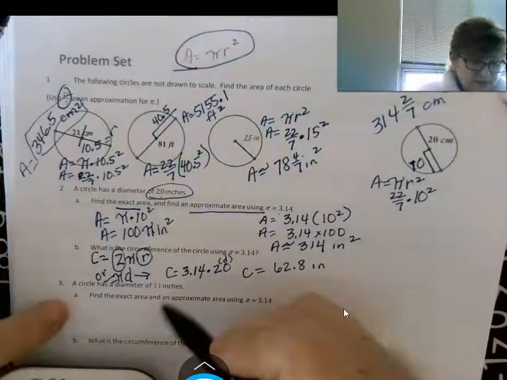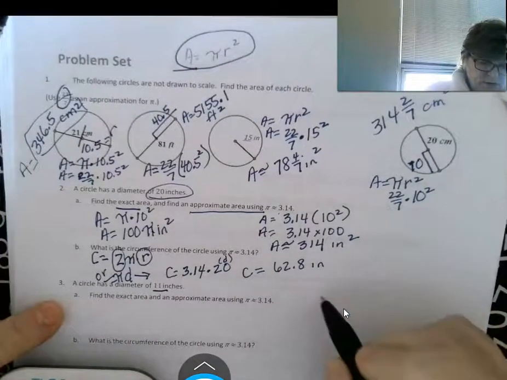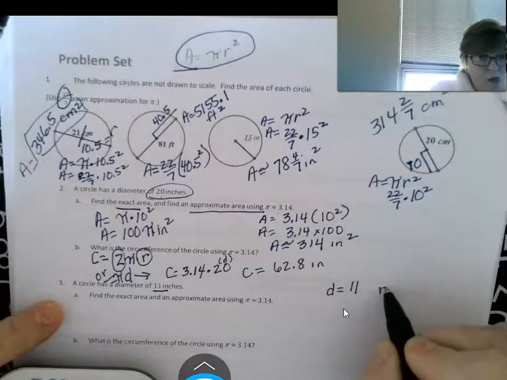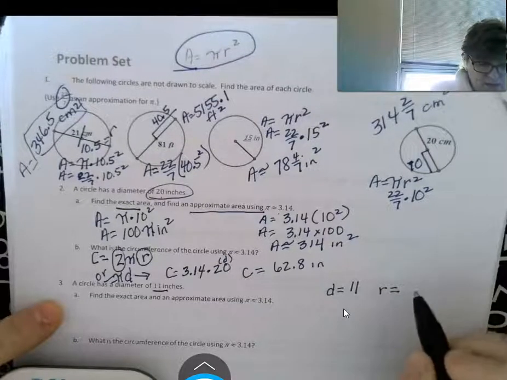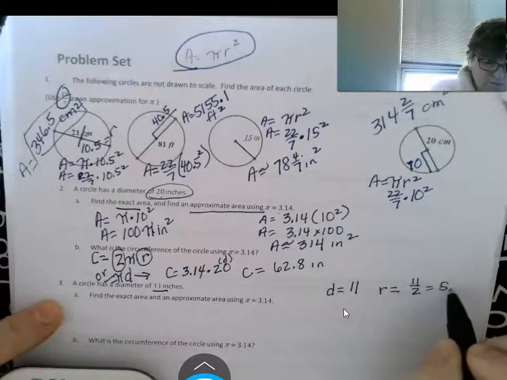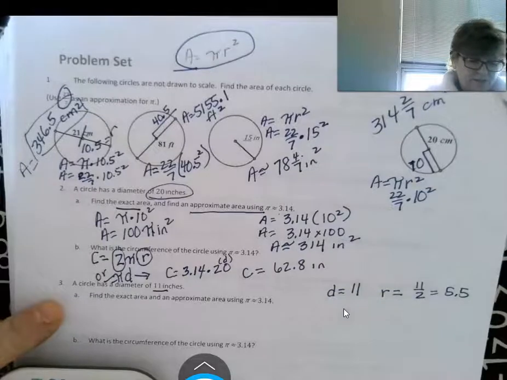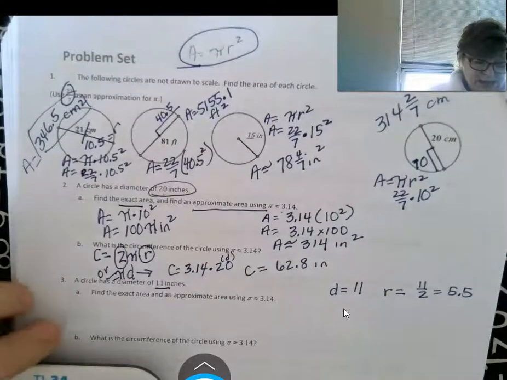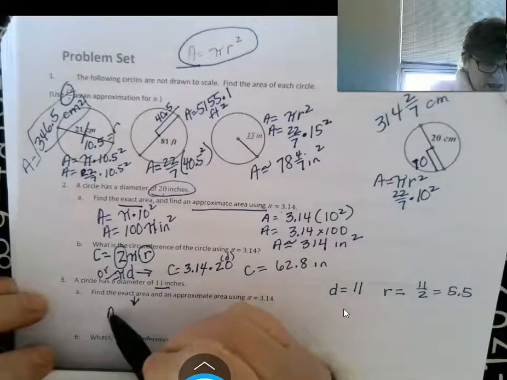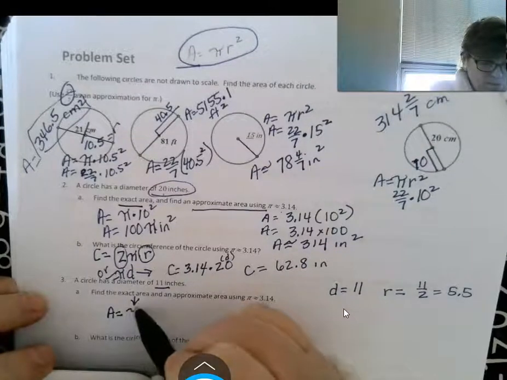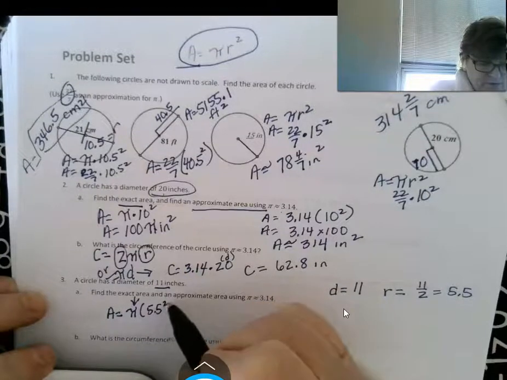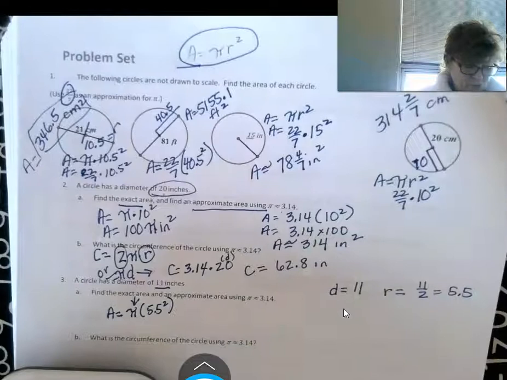A circle has a diameter of 11. So if my D is equal to 11, then my r is half of that. So that's 11 divided by 2, which is 5.5. So the exact area is A equals pi times 5.5 squared.